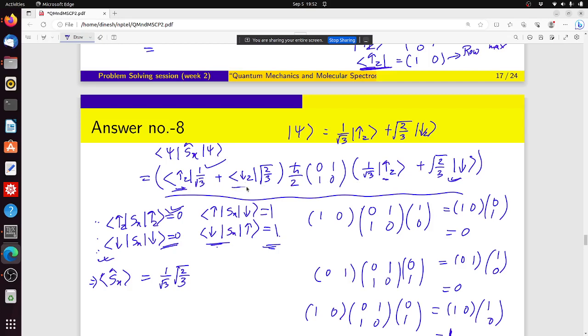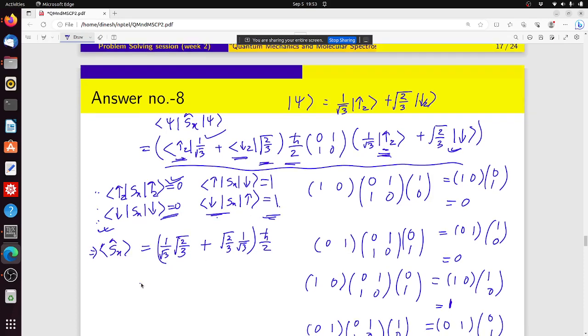Similarly, this is down state and this is up state. This will survive. So this is root 2 by 3 from here and 1 by root 3 from here, right? And it will be multiplied with this constant h cross by 2.